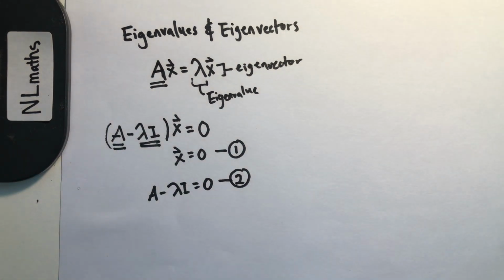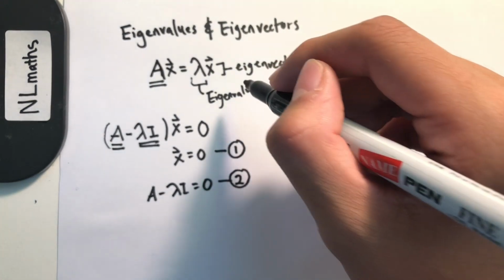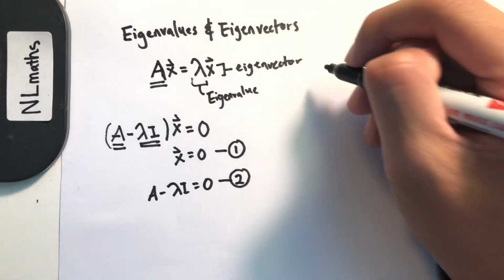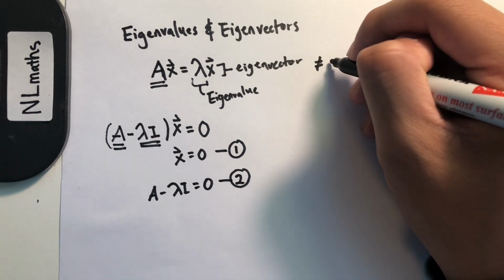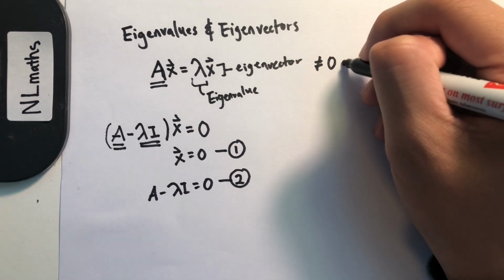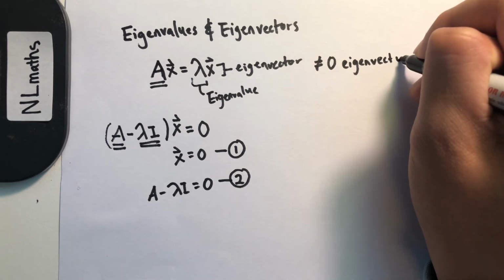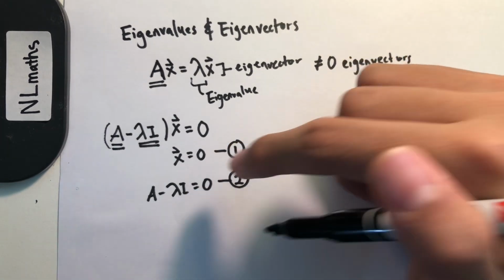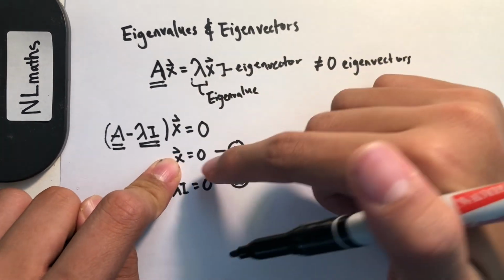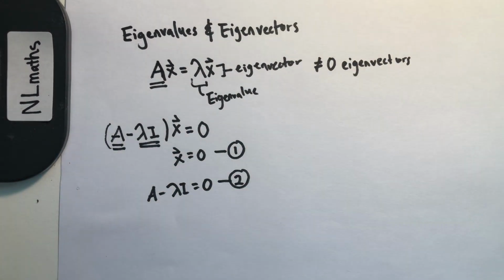Okay, so actually I forgot to introduce a rule here for non-zero eigenvectors. As you can see here, if the eigenvector, the x, is 0, well then that's very boring. For any matrix, the eigenvector is going to be 0, and that's boring, isn't it?